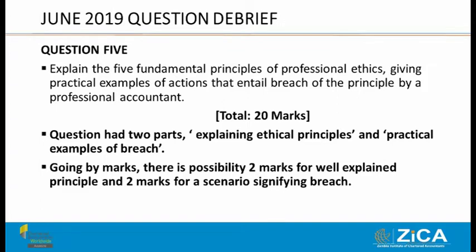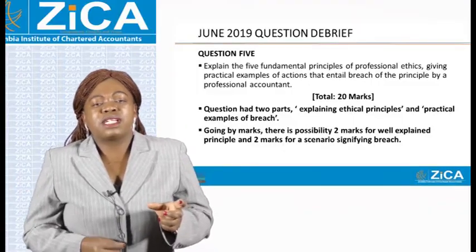So the command word here is actually explain the 5 fundamental principles of professional ethics, giving practical examples of actions that entail breach of the principle by a professional accountant for 20 marks. So the guideline that I provide on this particular question is pay attention to the command word. You are asked to explain. What are you supposed to explain?